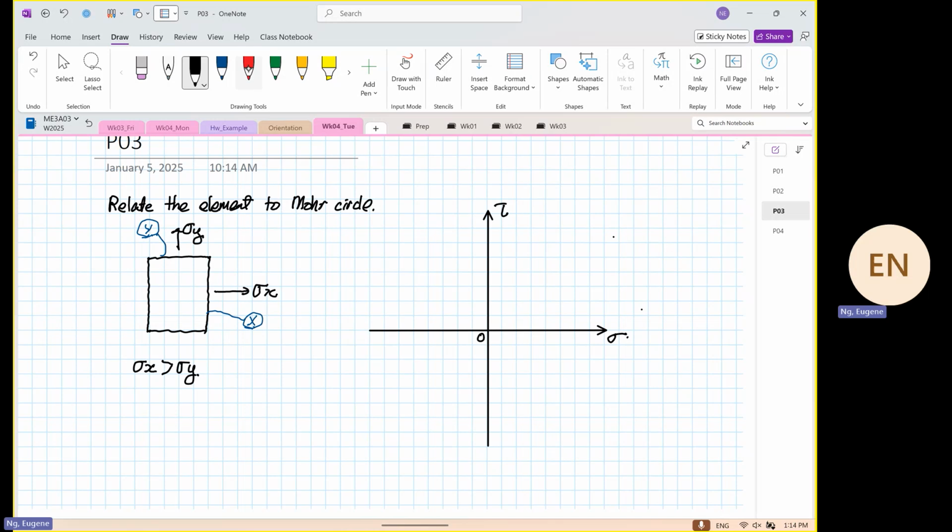Towards the right, it means that the stresses are what? Positive, which denotes what? It's in tension. Towards the left, it means that the normal stress is negative, that denotes that it's under what? Compression.